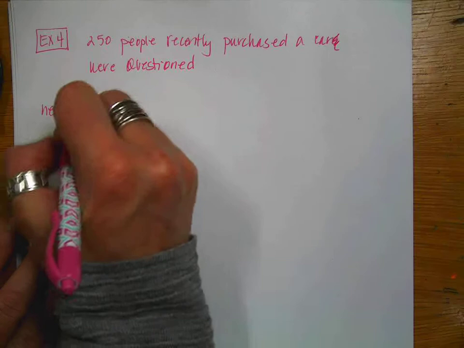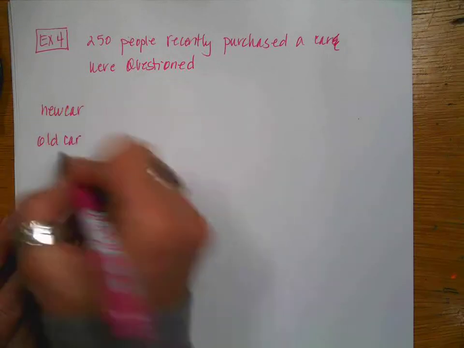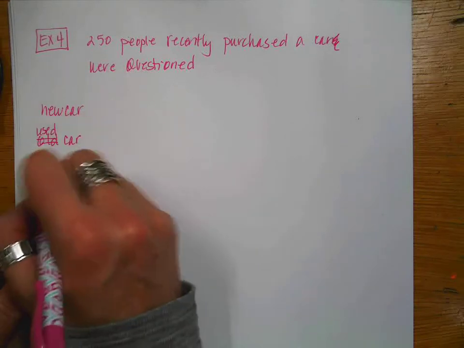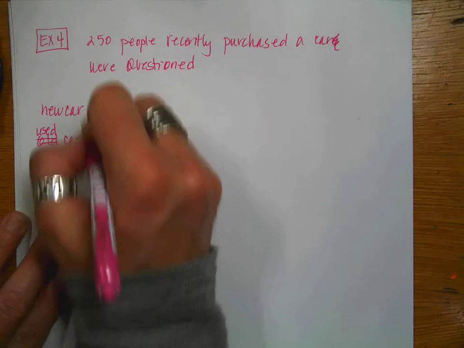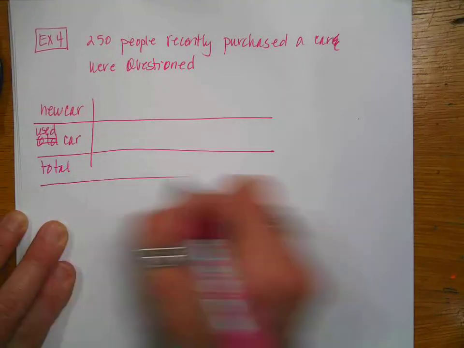And the results of those questions are going to be in the table. So we're going to have a new car, and they're going to have an old car. So maybe they bought a used car. I guess old is not very nice. Let's put used, and then total. And then that's going to be this part.